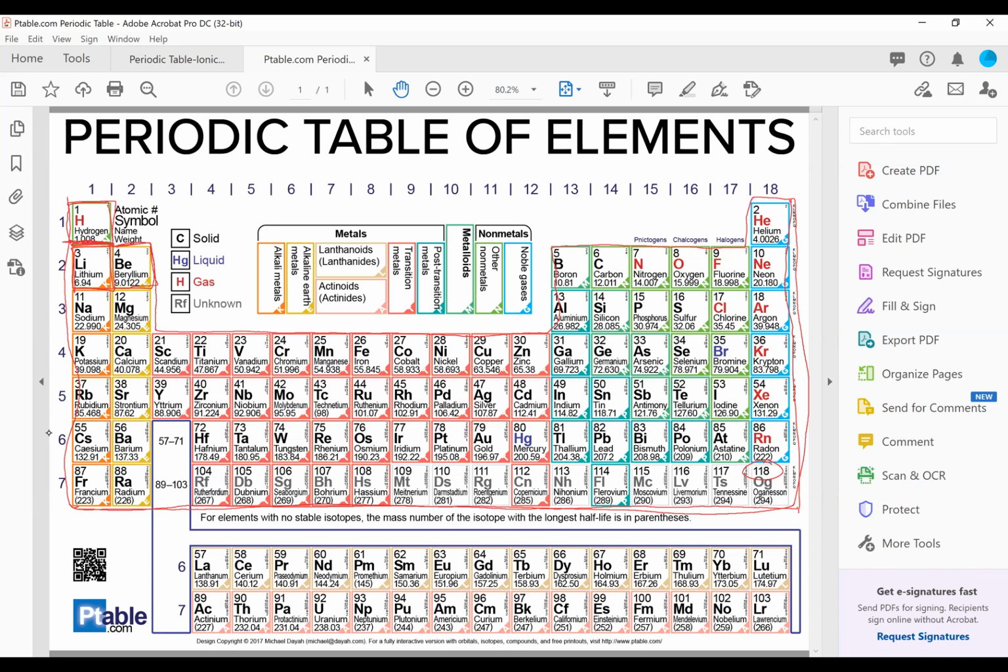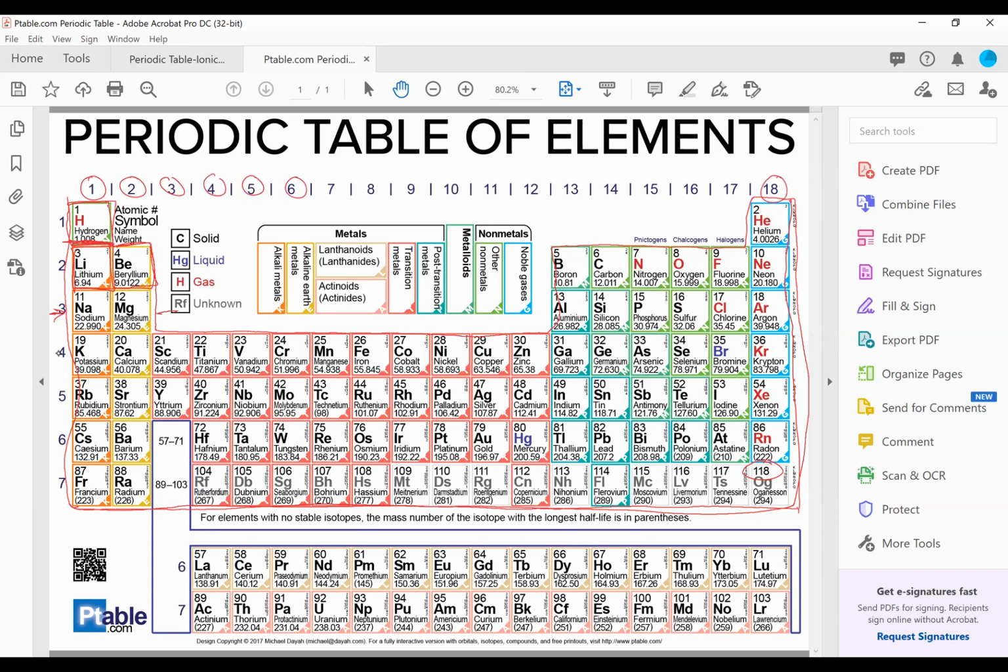Now we are going to talk about the particular names we have. You can see there are columns, numbered 1, 2, 3, 4, 5, up to 18.